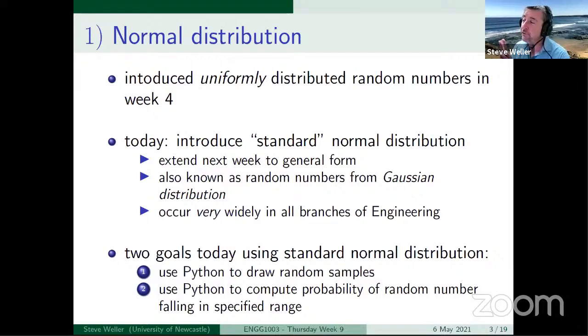So I just want to do two things with you in this Thursday lecture, and they're both Python related. One is to be able to draw random samples from these standard normal distributions. And the second one is to be able to compute the probability of a random number falling in a specified range when it follows this so-called normal distribution.